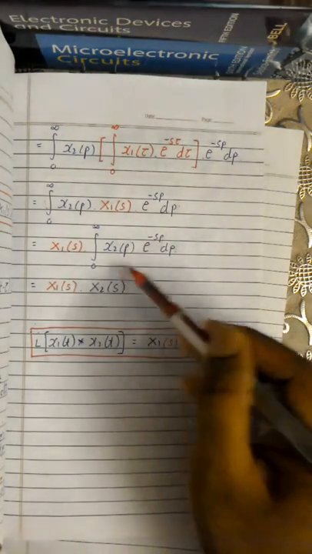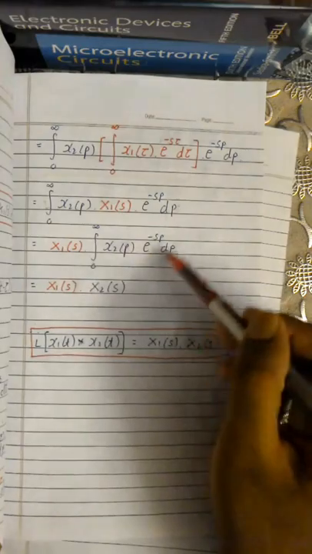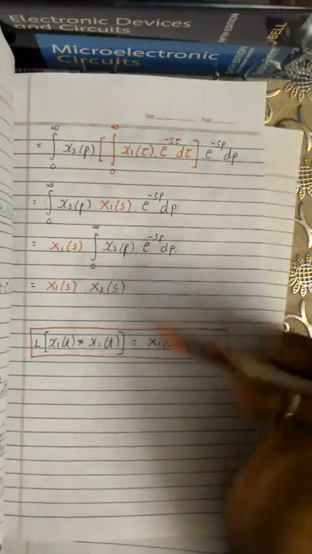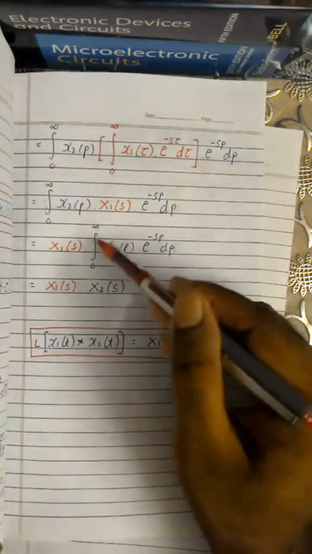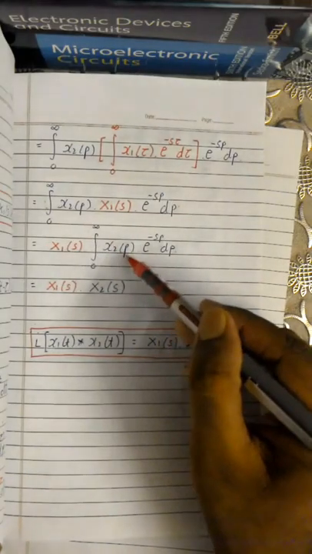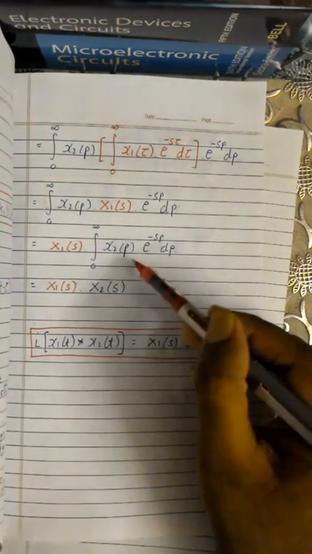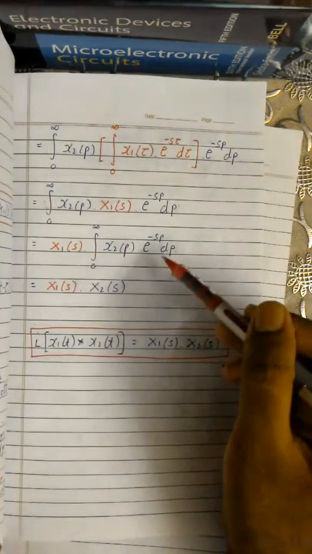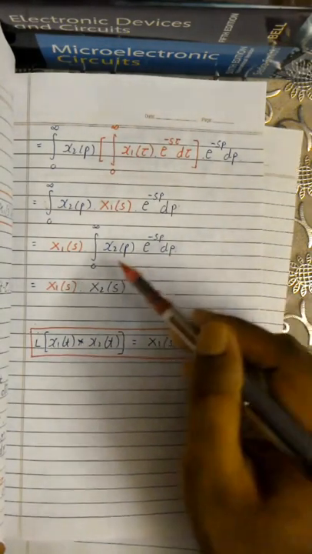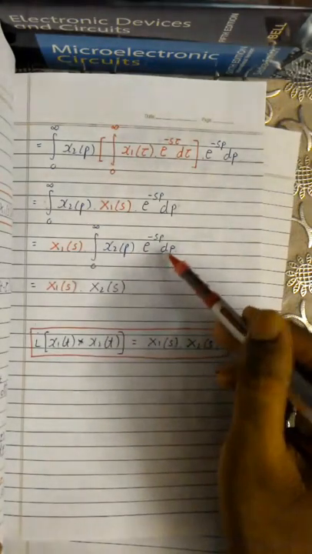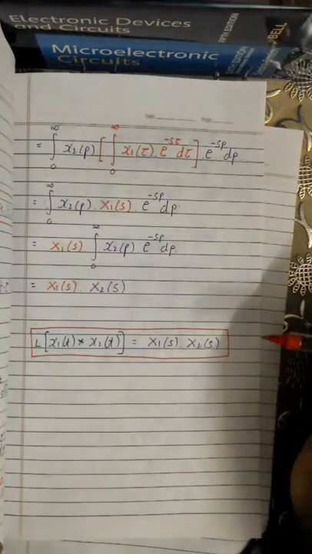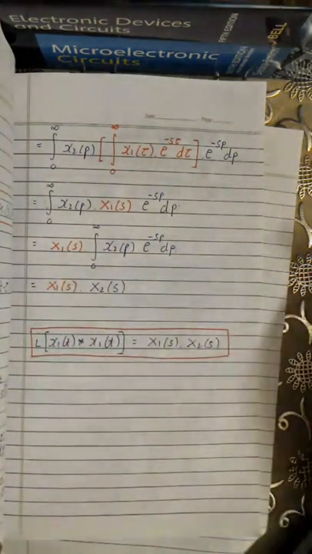This is also another Laplace transform, in which this is a function of p, right? This is nothing but integral 0 to infinity x2 of t into e raised to minus st dt. But as far as t and p are concerned, they both are nothing but variables in mathematics, right? So this is also the Laplace transform called x2 of s. So you will get x1 of s into x2 of s.